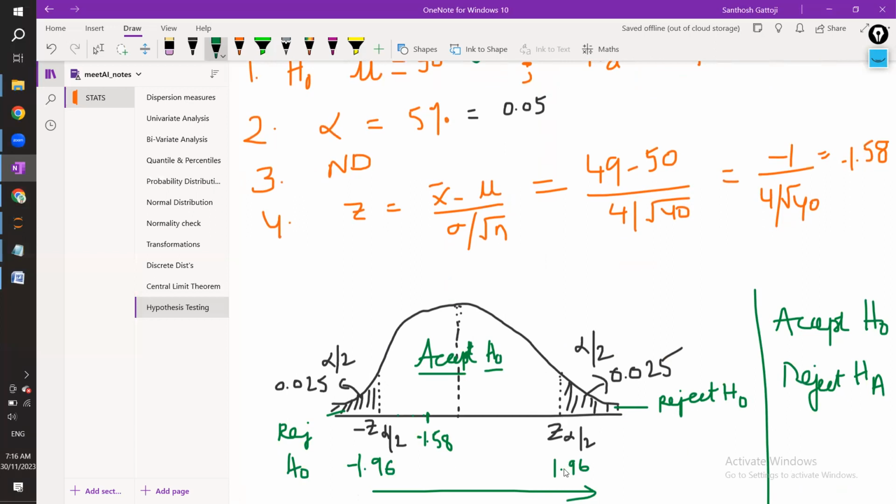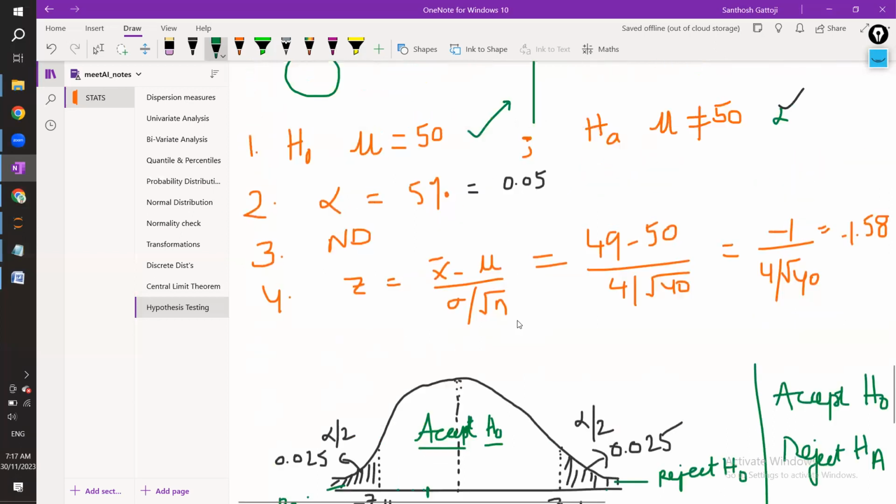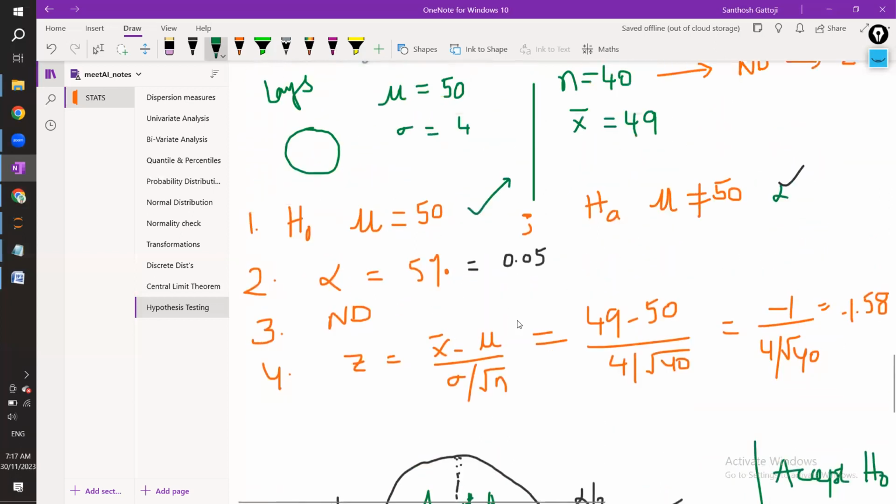That means the Z, instead of 1.96, will also increase. It will be over here. So you will have a very small rejection region, and there will be more chances of accepting the null hypothesis. So if the number of samples is increasing, the null hypothesis is getting favored.